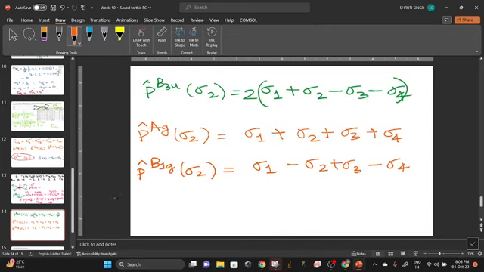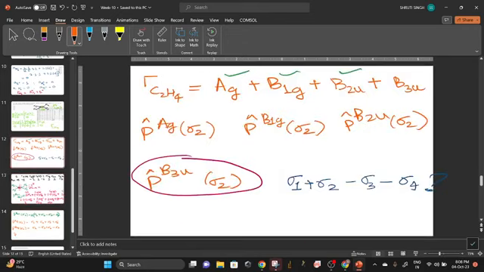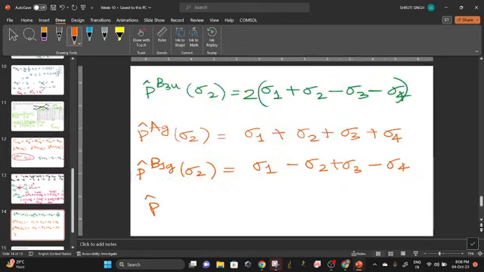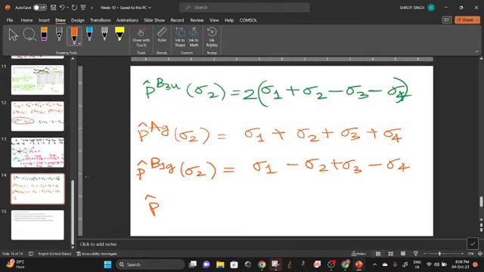And the third is B2U. For B2U, what we are doing is changing the sign, so this will be sigma 1 minus sigma 2 minus sigma 3 plus sigma 4. Like this you will get something.